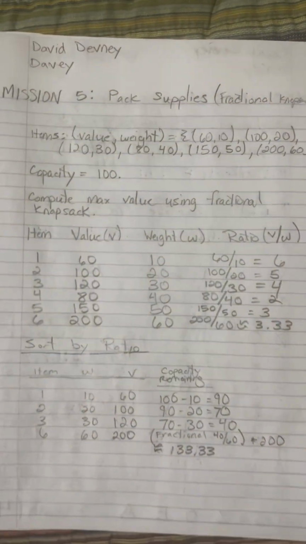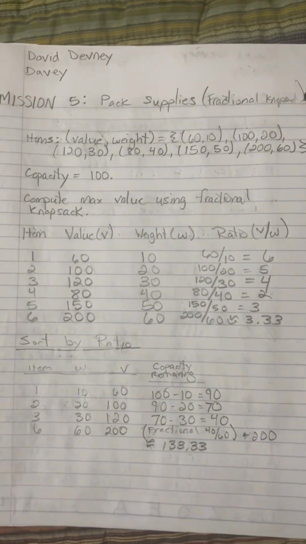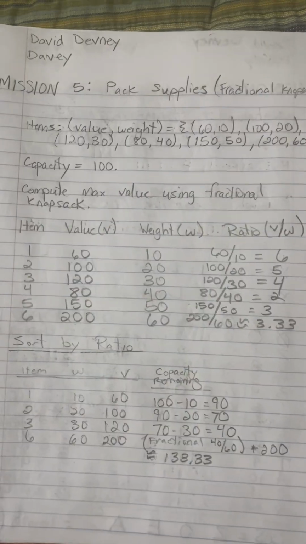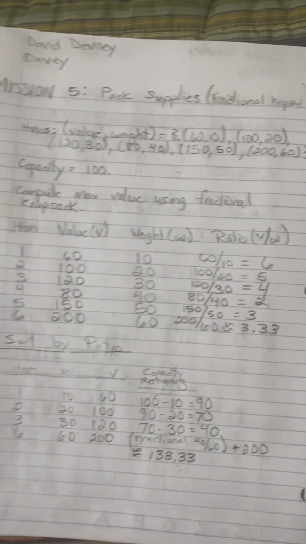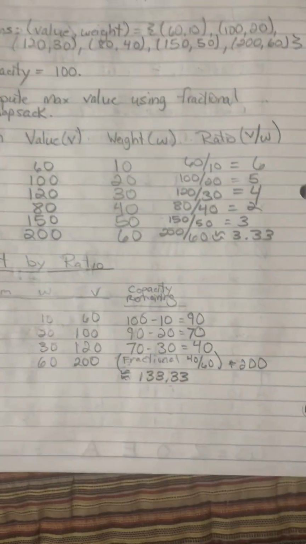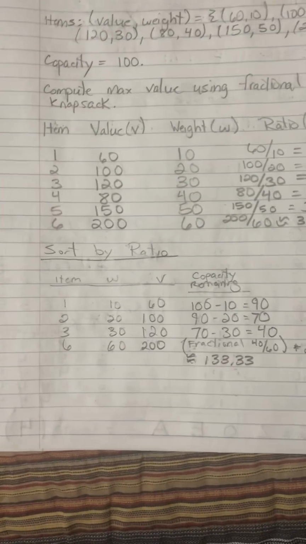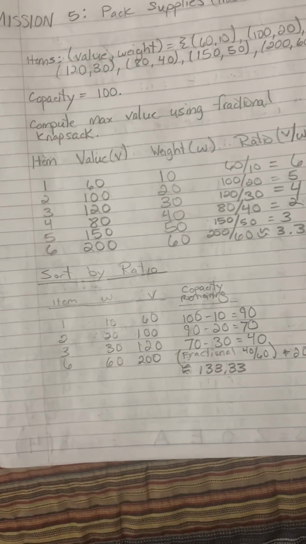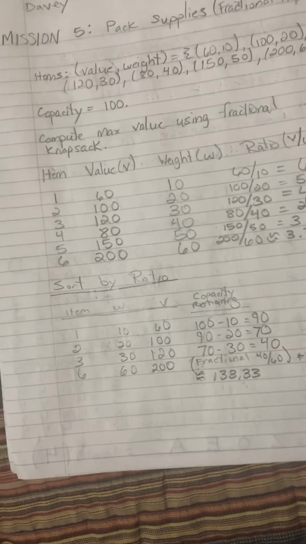Alright, mission 5. Park supplies. Alright, fractional knapsack. We got all this. We're gonna just sort it by ratio. And then basically the first 3 items can fit fully.